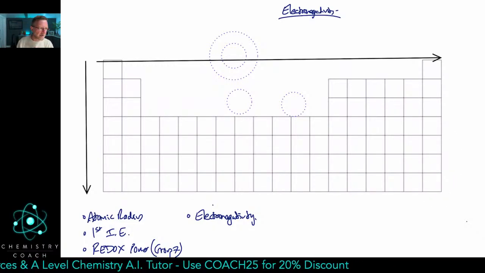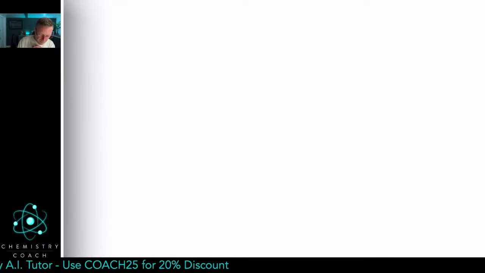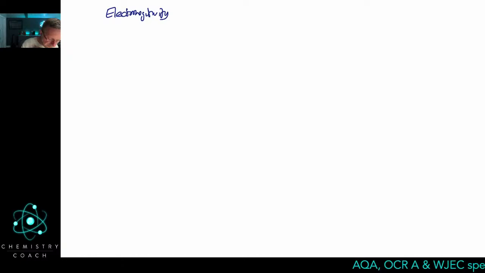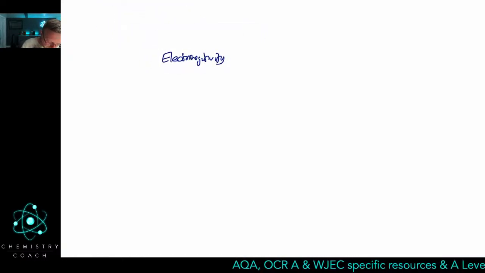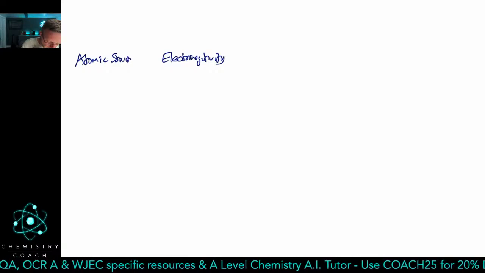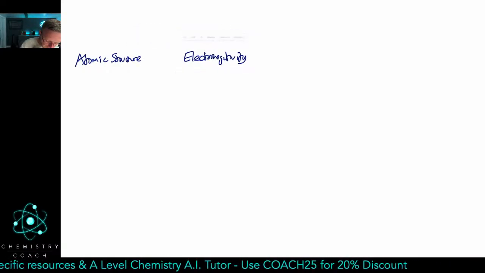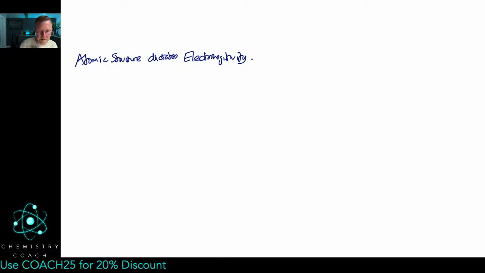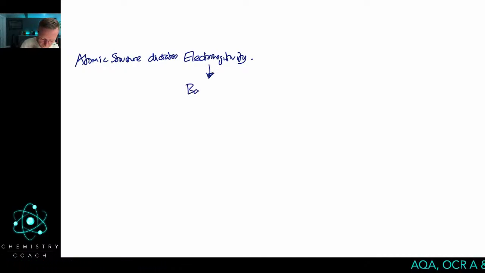I'm just going to go over the page here now. So if it affects electronegativity, okay, so atomic structure, a couple of notes here. Atomic structure dictates electronegativity. That then dictates bond polarity.